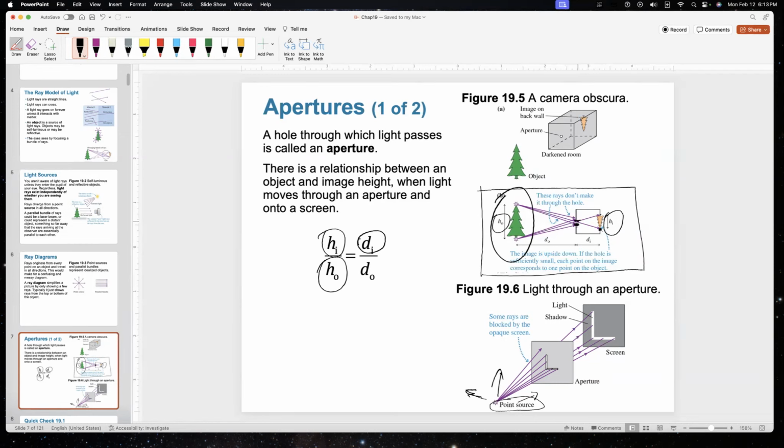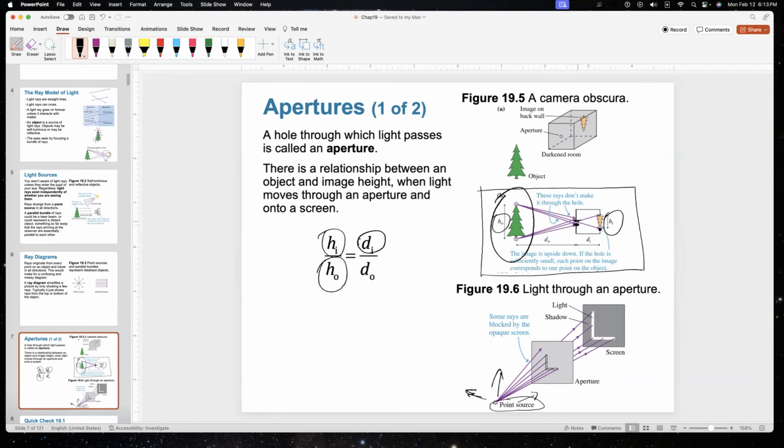It could be the diaphragm of a photographic camera. So whatever is the opening here, whatever is the optical instrument right here, that distance to the object is called DO, and that distance to the image is called DI.